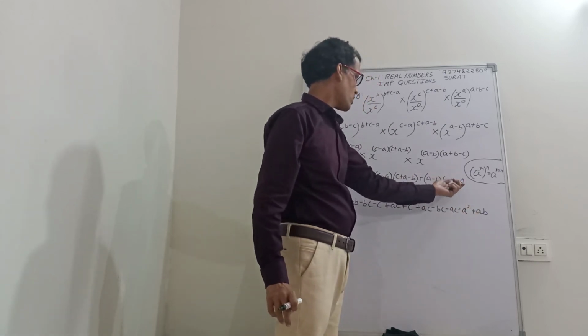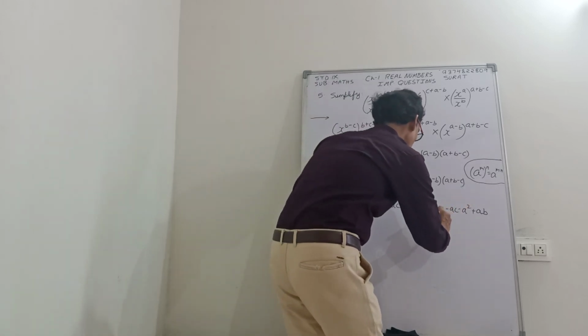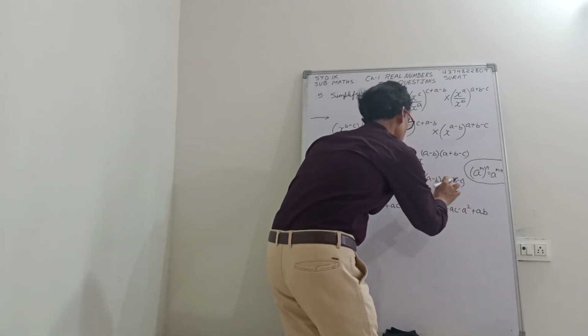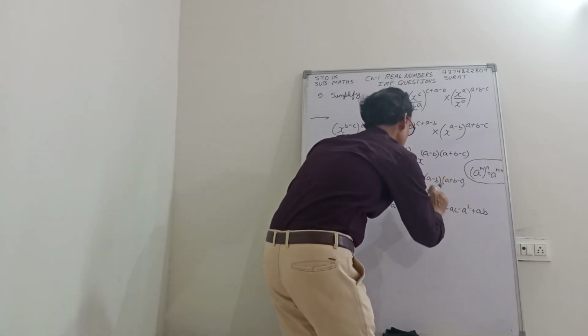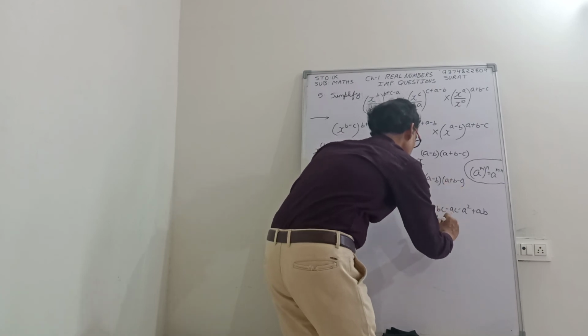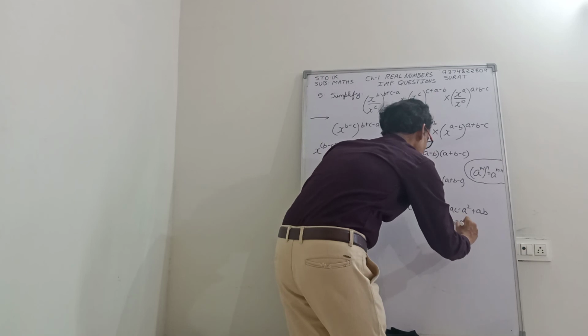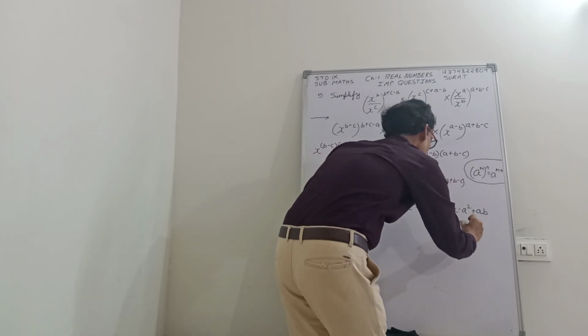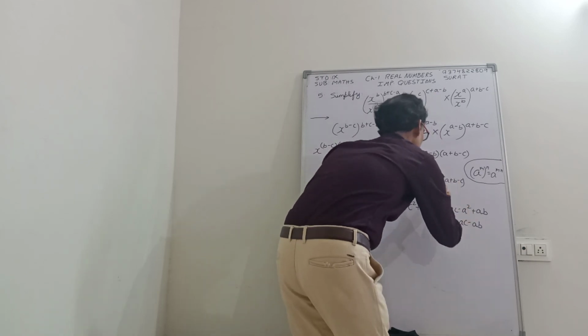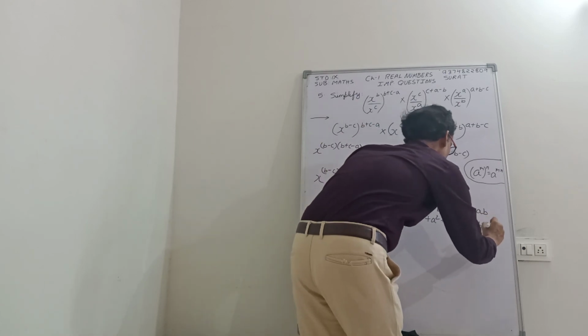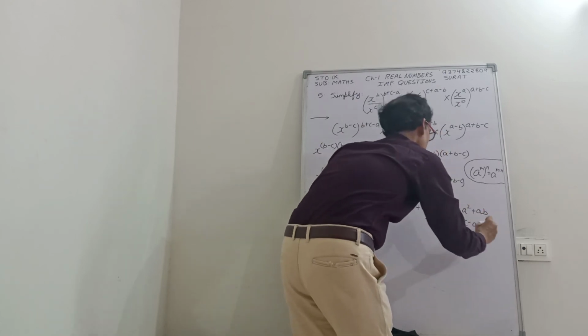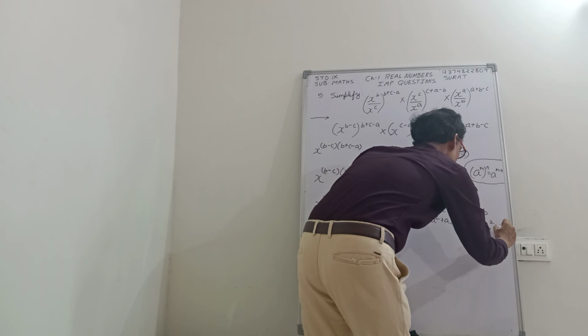Now a into this: a into a square, a into b, ab, a into minus c, minus ac, minus b into a, minus ab, minus b into b, minus b square, minus b into minus c, plus bc.